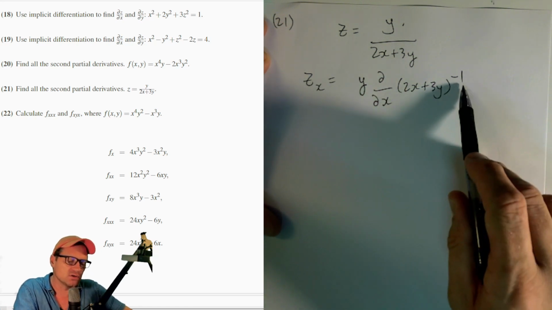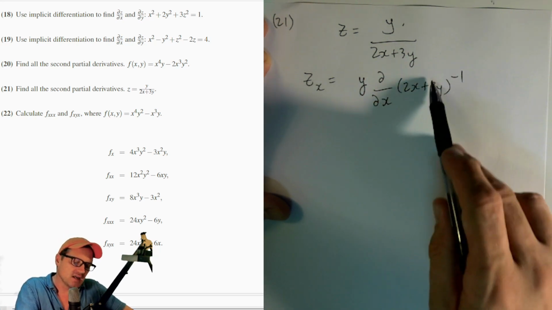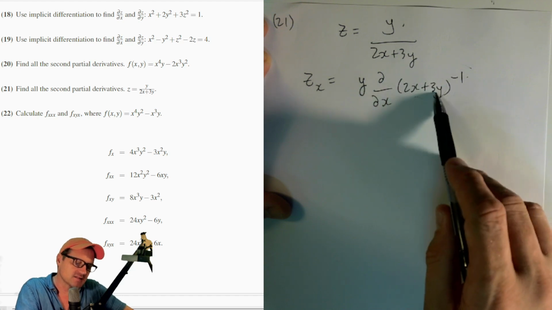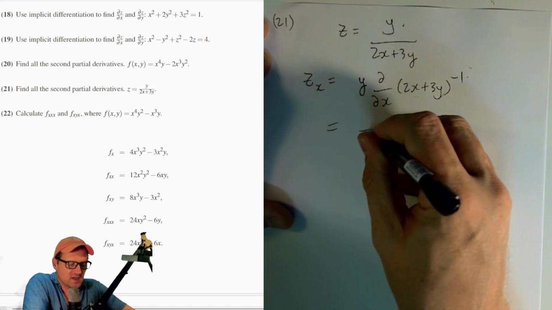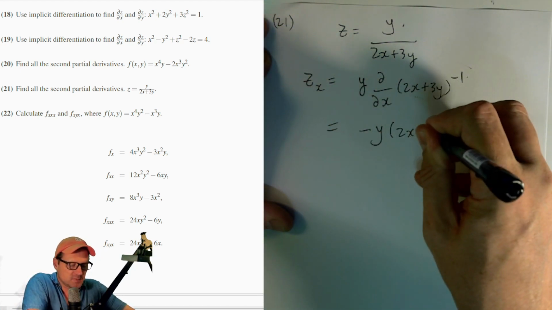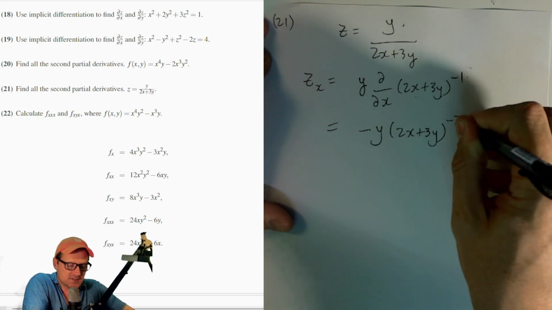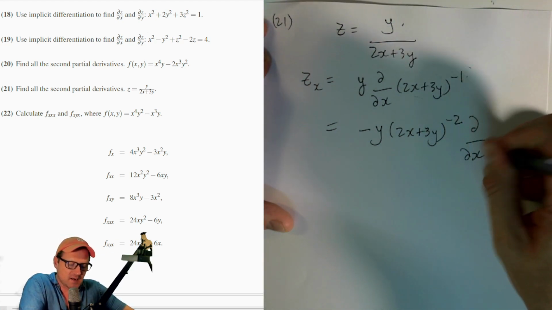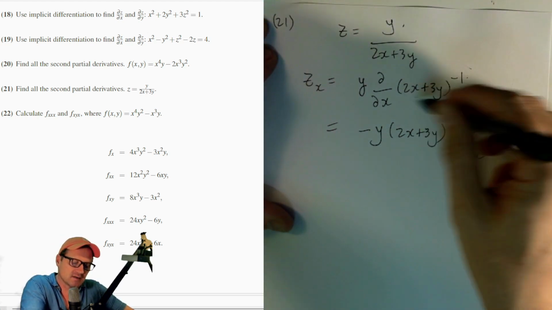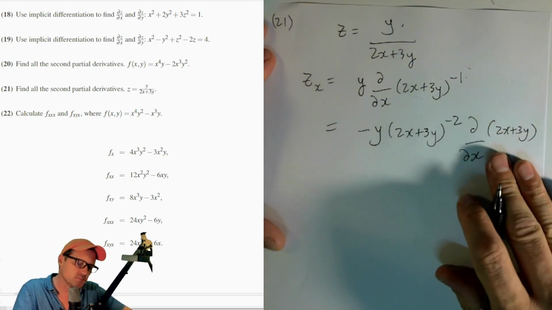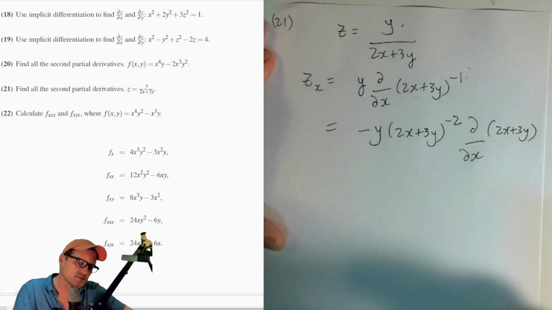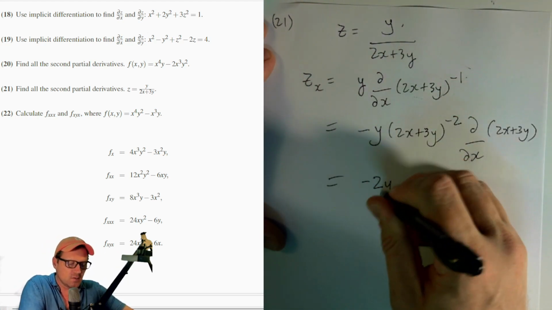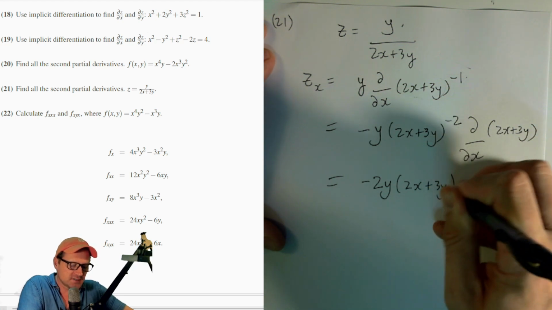We differentiate this with respect to the inside, and so we have minus y, 2x plus 3y to the minus 2, and then multiply that by the derivative with respect to x of the inside function. Simplifying this, we just have 2 for this part. So minus 2y, 2x plus 3y to the minus 2.